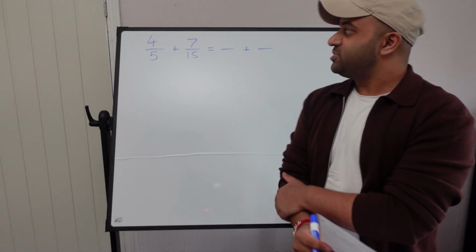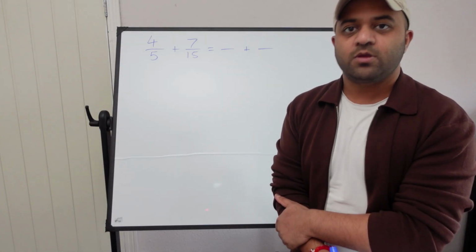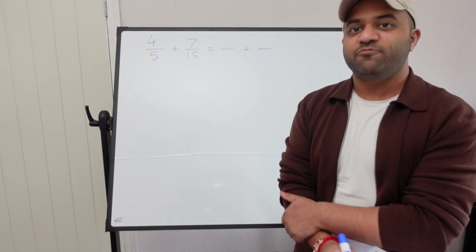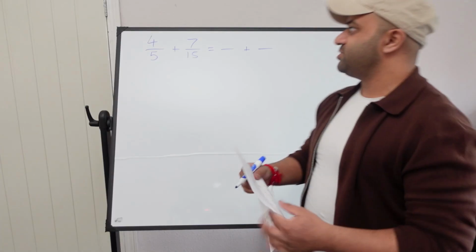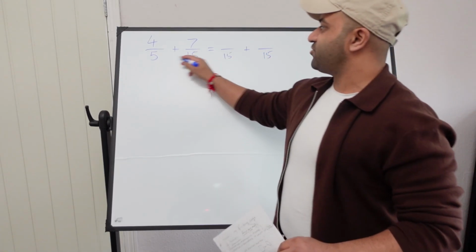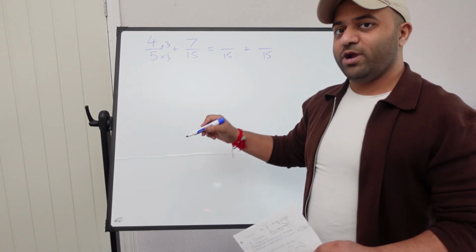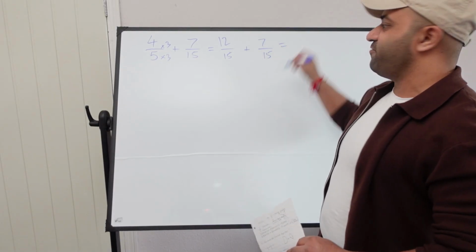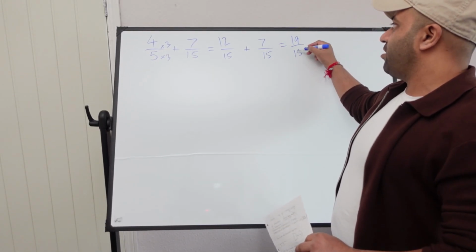Okay, this next example, we have 4/5 add 7 over 15. Well, the lowest common denominator of 5 and 15 is 15, as 5 goes exactly into 15. So this second fraction can remain over 15, and the first fraction we can multiply by 3 on the numerator and denominator to give us 12/15 plus 7/15, giving 19 over 15.